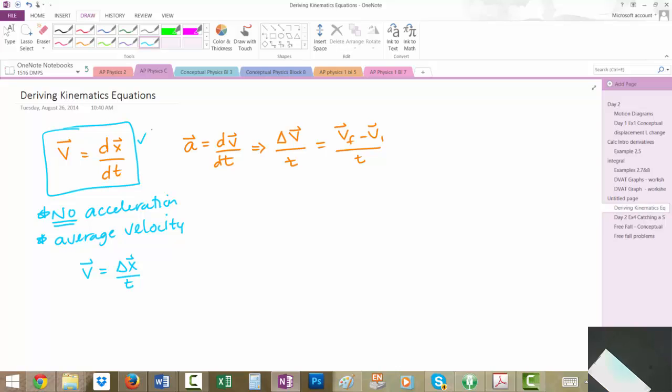The calculus-y version of it does take into account that we can change, and that's okay. We like when things accelerate because it's more interesting, more fun, more exciting. But from here on out, we're going to talk about situations where we have a constant acceleration.